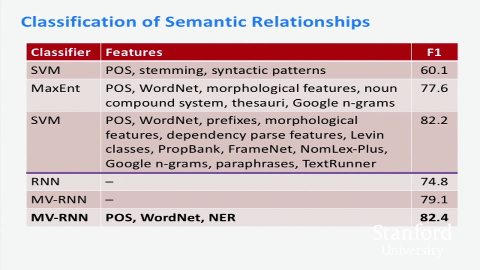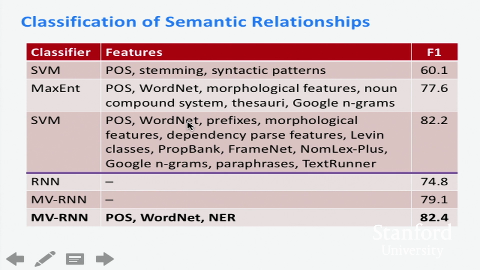So we built that model, and this is a nice example where it seemed like we were able to show that, again, having this extra power gave us extra power. So here are just some results on that. People had worked on this data set previously, so a basic support vector machine got about 60% F1, a maximum entropy model, like a logistic regression model with a lot of features, got 77%.